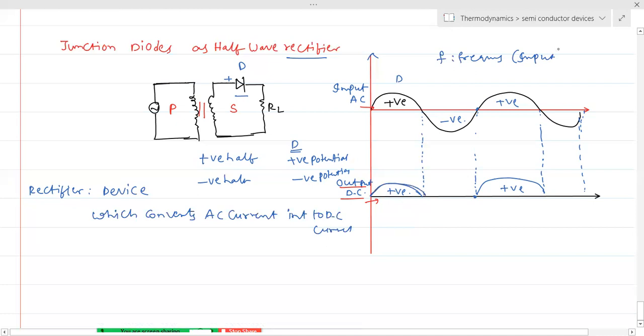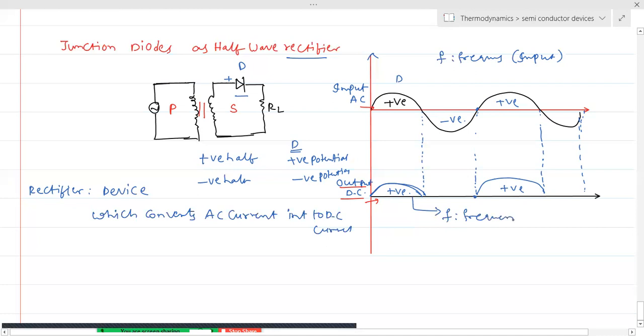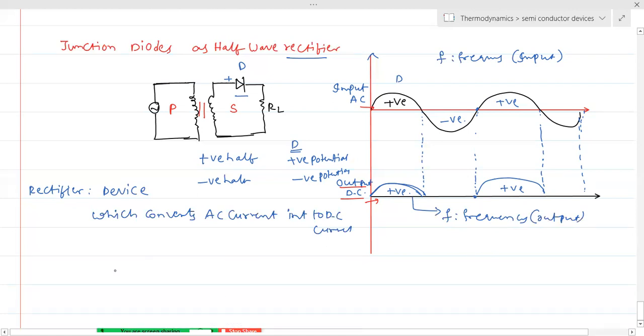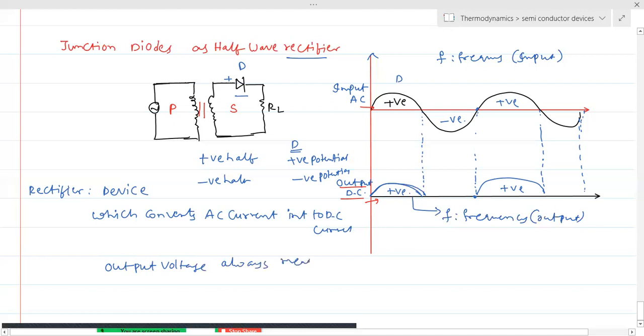Therefore, if the input frequency is F, the output frequency is also F. One important thing is that the output voltage is always measured across RL. That is an important relation here.